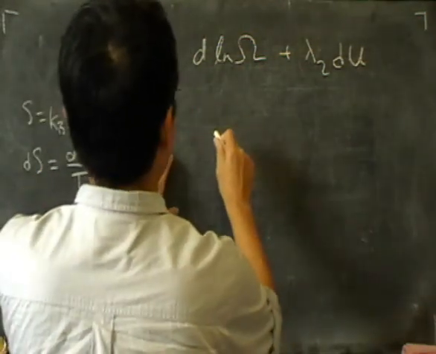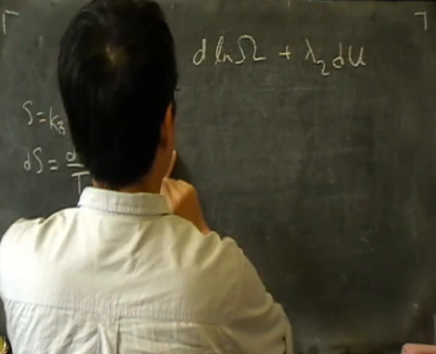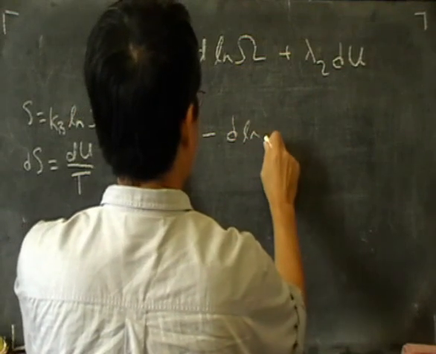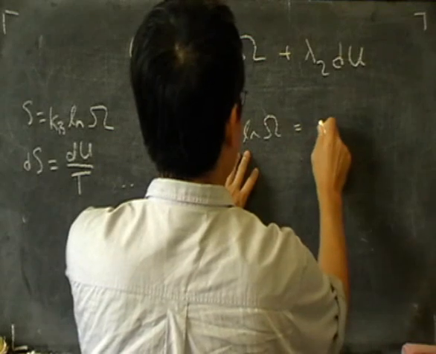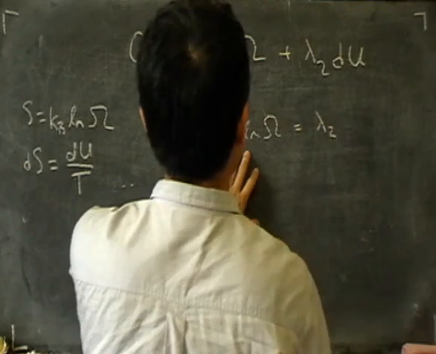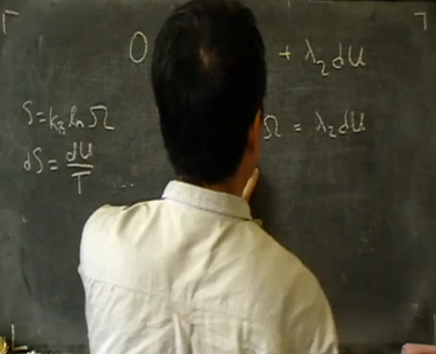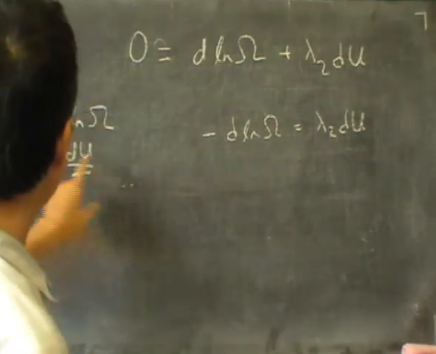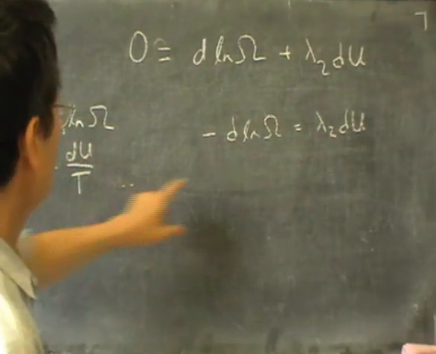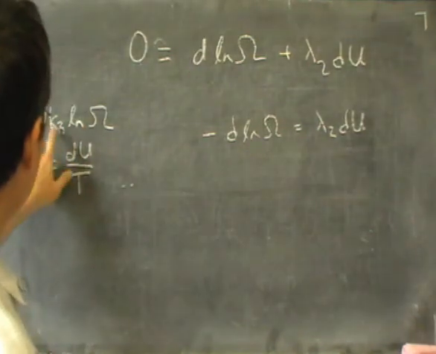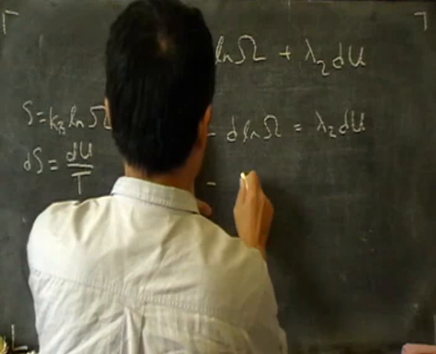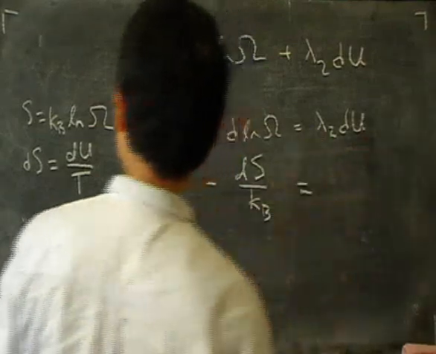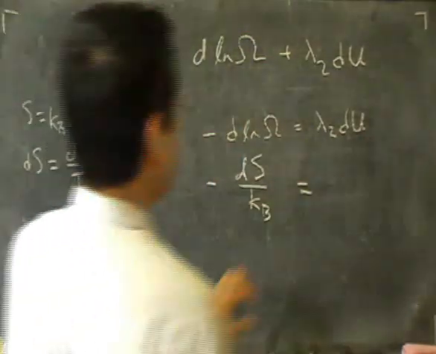Right. If I rearrange this, I'll have, let's see, minus d log omega is equal to lambda 2 dU. So here I can bring in the Boltzmann postulate. So log omega would be S over kB, and dU here would be TdS.